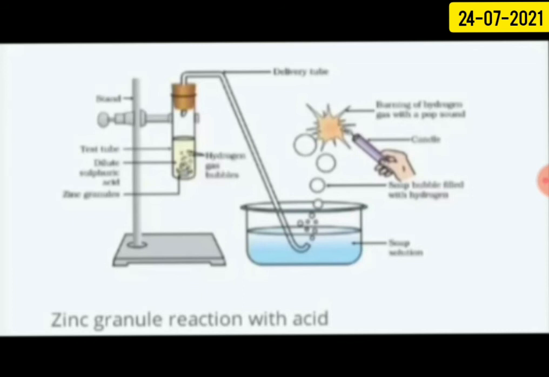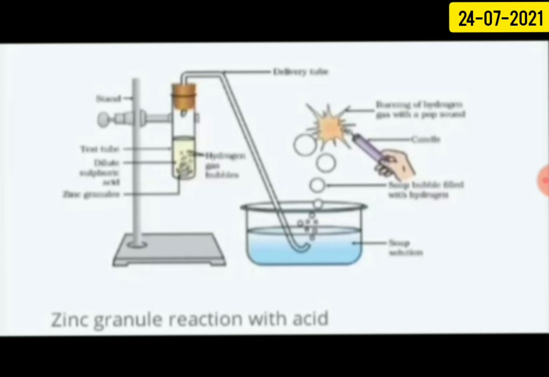Here we can see bubbles. We can see the bubbles using the soap solution, and we want to know what gas is evolved. To find out the gas, we use a lighter. Here we can hear a pop sound. From the pop sound we understand that the gas is hydrogen gas.